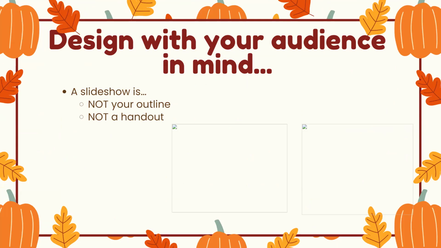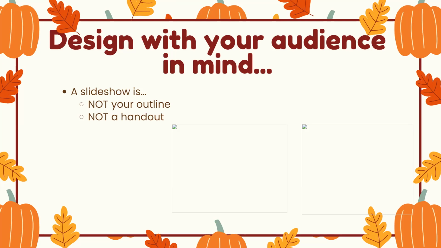Every image and even its placement should have the message, the medium, and the audience in mind. Is this aligning with the topic I'm talking about? Is this aligning with the medium I'm using, a trifold or the slideshow? And how can I direct my audience using this image, these fonts, these colors, etc.? You have to think about all this when designing it.